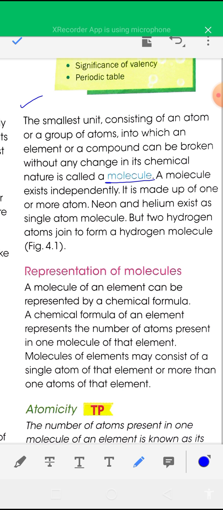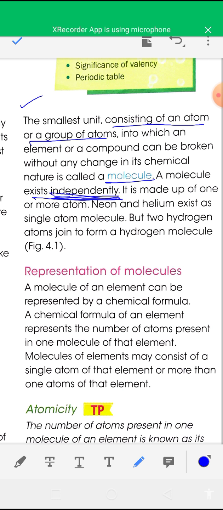Generally we know that a molecule is formed by combination of atoms. A molecule can exist independently.